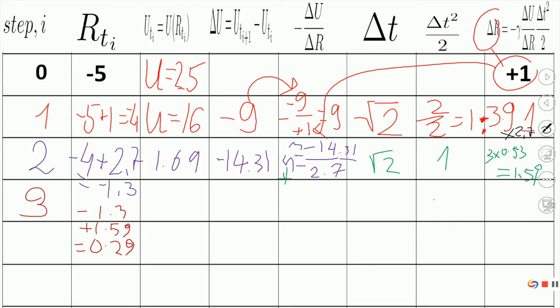And the S squared is 0.848. How do I calculate it? I forgot. S squared: 0.29 squared, second level.